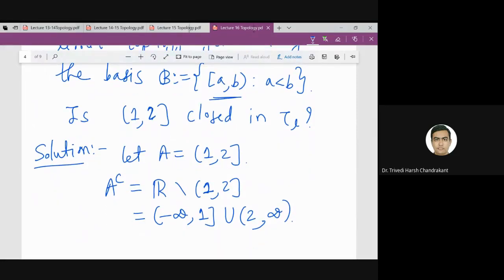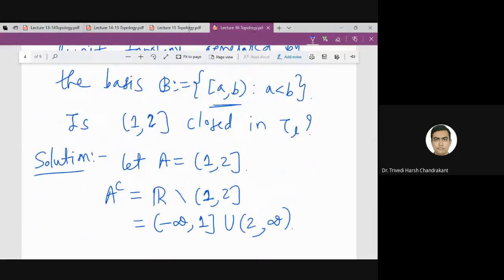Can I show that this set is a union of such intervals? If I can show that, then this set is open and therefore A is closed. Now tell me whether it is true.